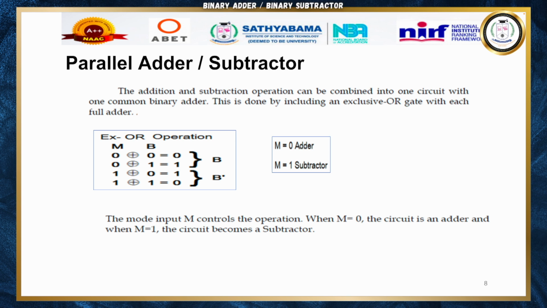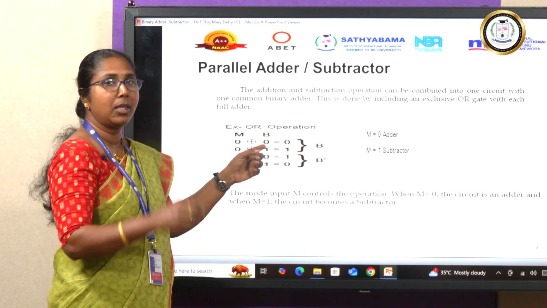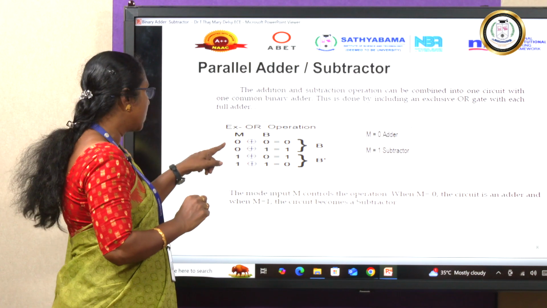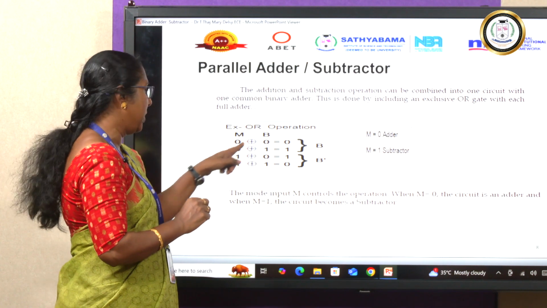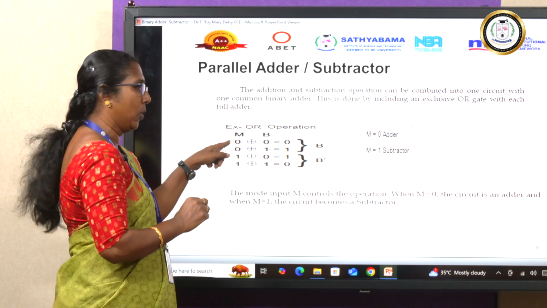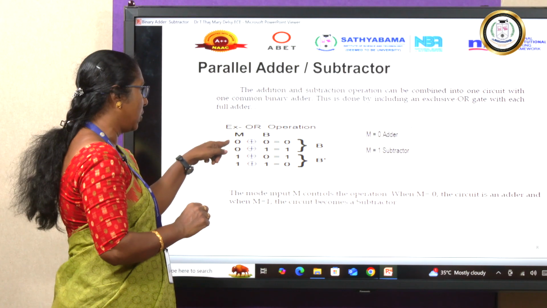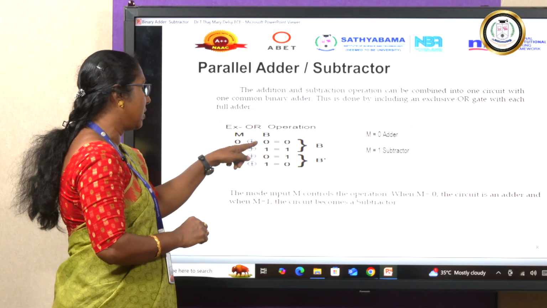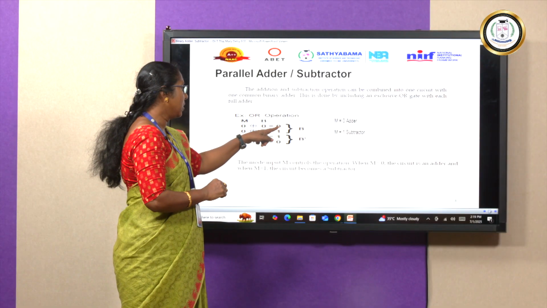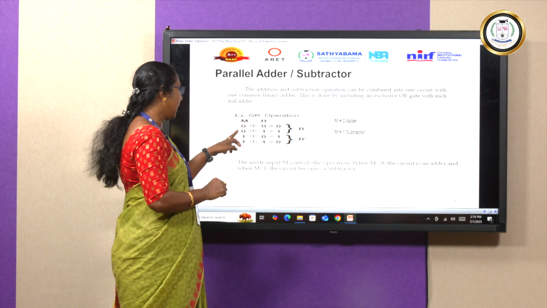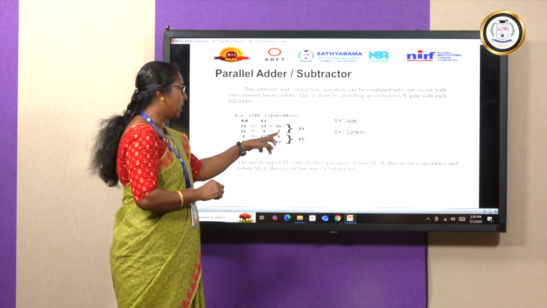So in the XOR operation, we are going to use one bit as the mode bit, and the other bit is going to be the second number. So 0 XOR with 0. It means that if the mode is 0, the initial carry is also 0, B XOR with 0, the output is equal to 0. Again, 0 XOR with 1 produces the result 1.